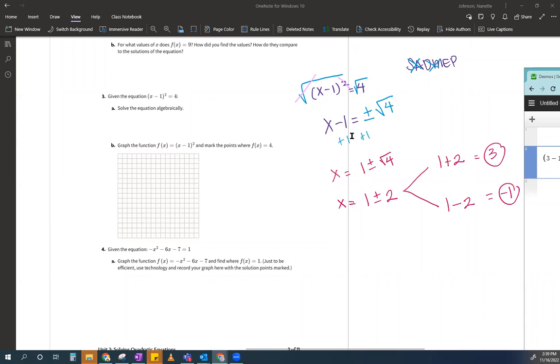Why did I take the square root? What in this equation tells me to take the square root? Yeah, get rid of that squared, Miss Johnson. Very good. What told me to square root both sides? That little squared right there.